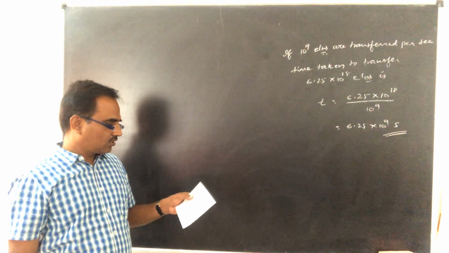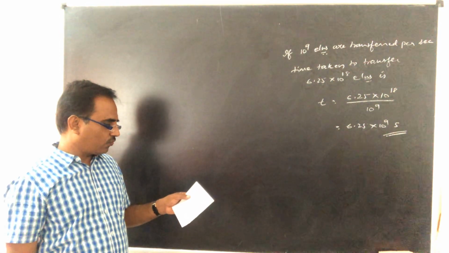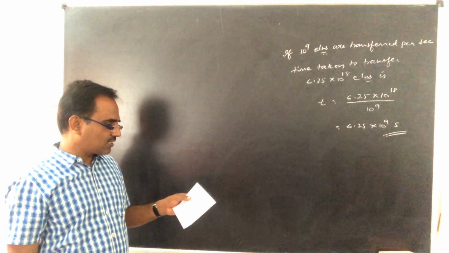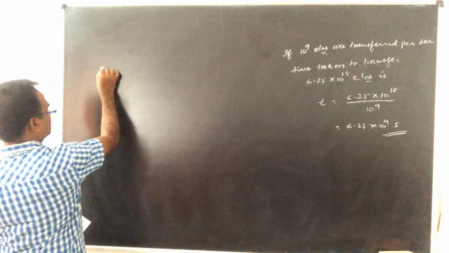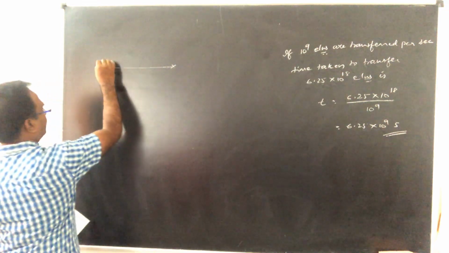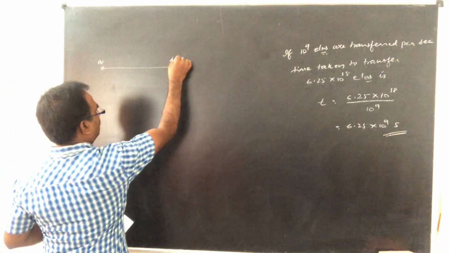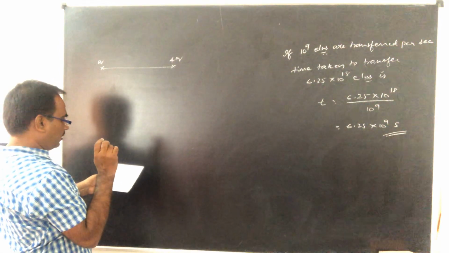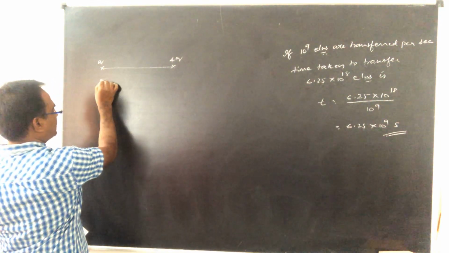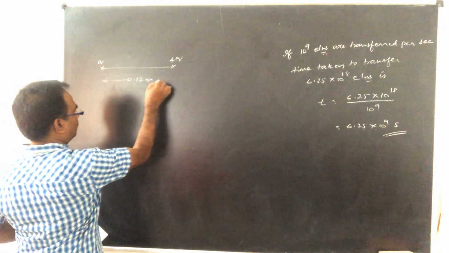Two point charges plus Q and plus 4Q are separated by a distance of 0.12 meter. Here there are 2 point charges, plus q and plus 4q, separated by a distance of 0.12 meter.